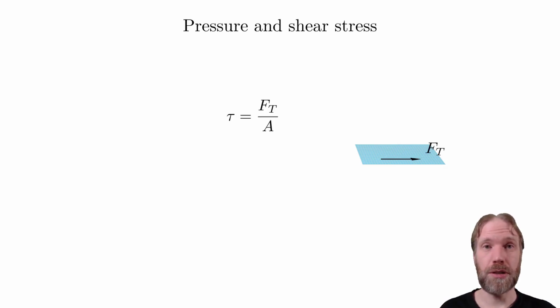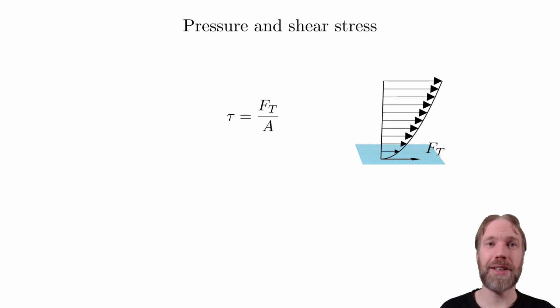We can also add the forces in the tangential direction of the cross-section, call it Ft. When we calculate the force per unit area, it is now called shear stress, denoted by tau. These forces are caused by friction in the flow when we have a variation in the velocity. Here we have a flow in the x direction that varies in the y direction.